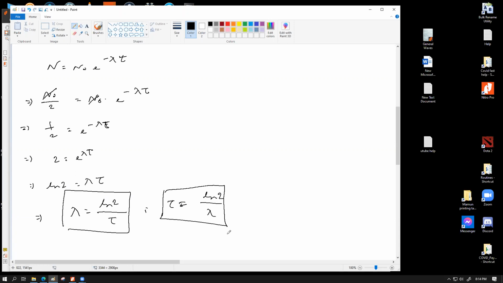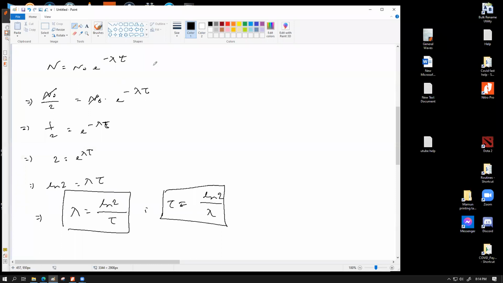From this equation we can find the decay constant from the half-life. This is a very useful equation for our mathematical procedure, because in most of the questions we are going to work on, the decay constant would not be directly provided to us. Rather, the question will give us the half-life.